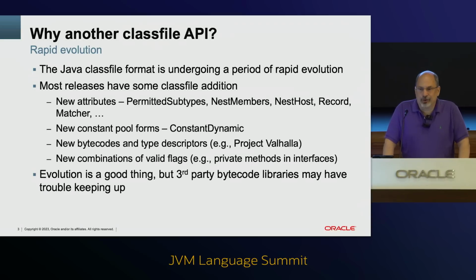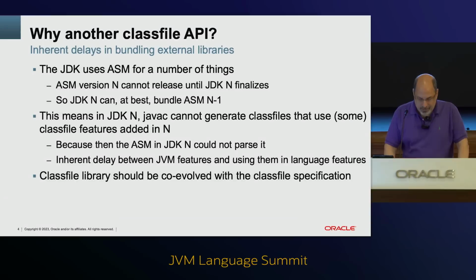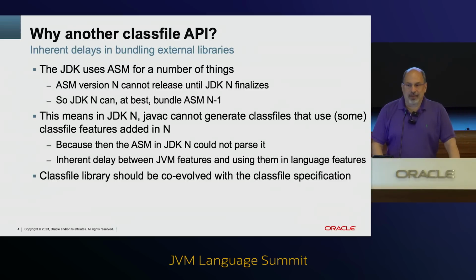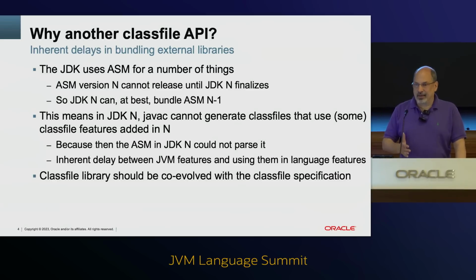And as the maintainer of a third-party class file API, I can imagine that they might have some difficulty keeping up. We also use ASM internally in the JDK for a lot of things, like lambda proxies. And we have this annoying chicken and egg problem where the version of ASM that supports JDK N can't finalize until JDK N finalizes.